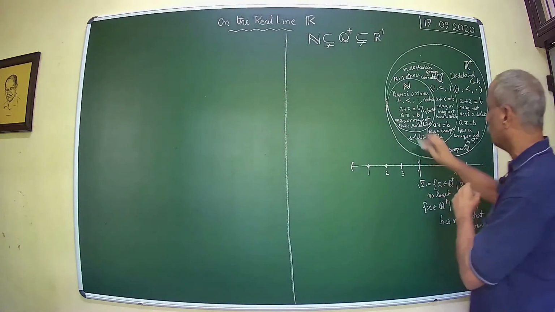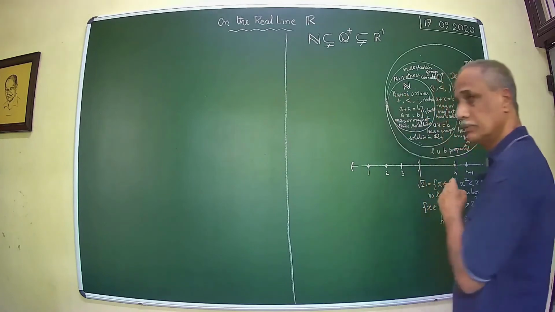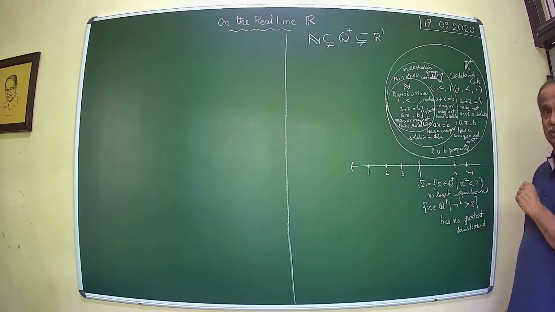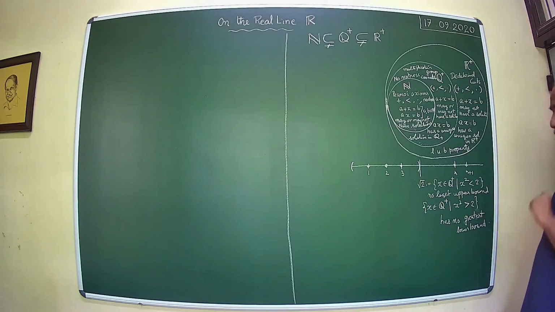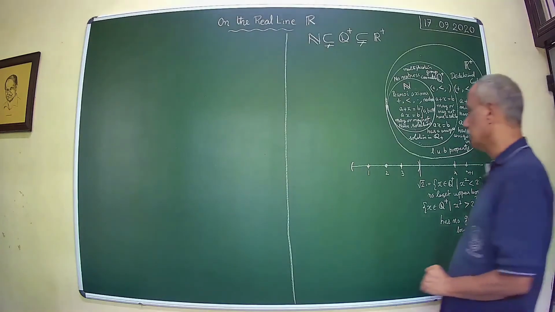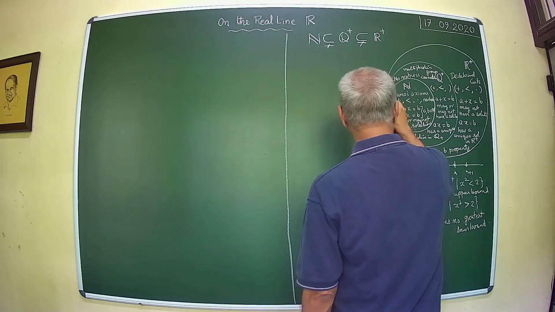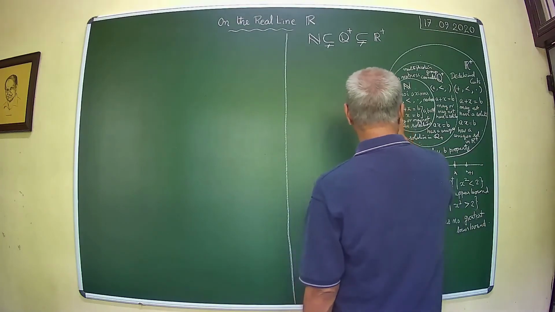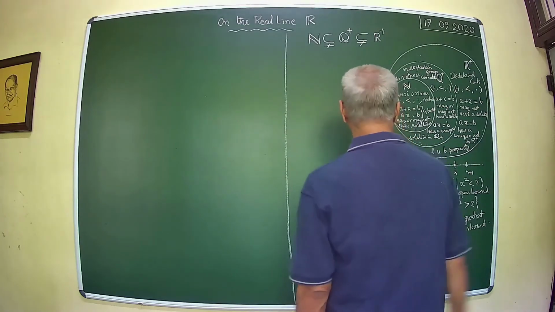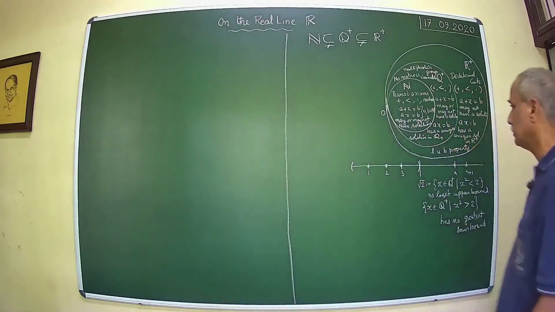Now what one does is the following. So you go for the extension. How do you extend this? The first thing that you introduce is a zero element. Okay.